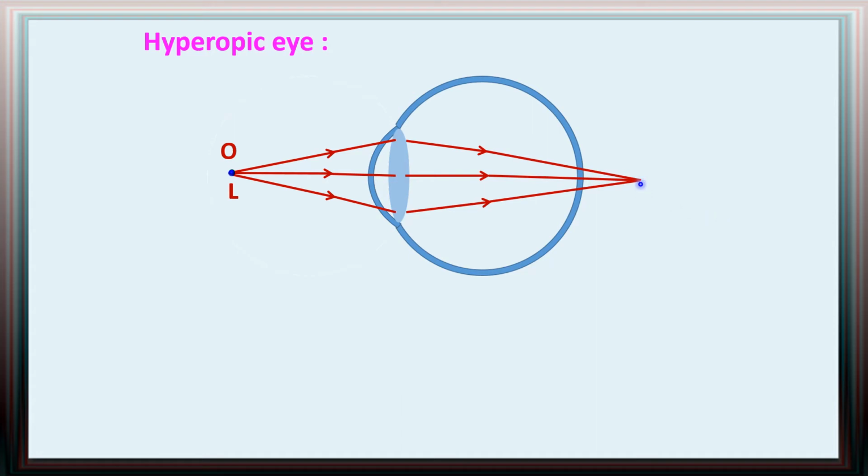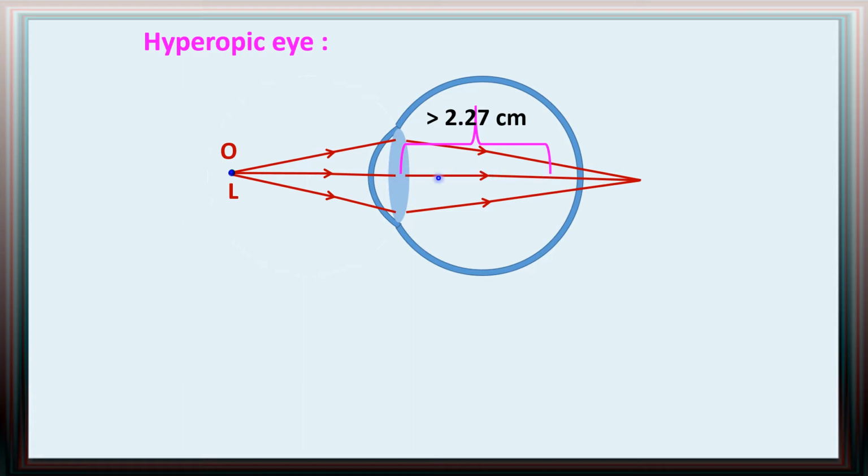See here, the image is forming here. The image of the point object O has been formed behind the retina here. Why? Because the minimum focal length is greater than 2.27 centimeters.